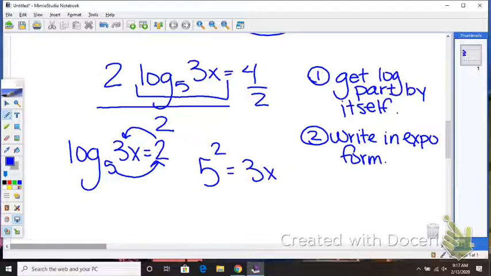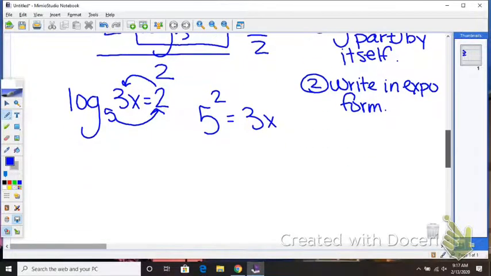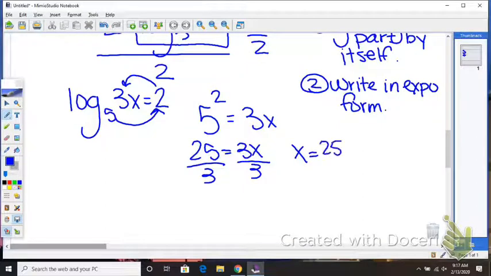And what is 5 to the second power? 25. So now I have 25 equals 3x. Divide by 3, divide by 3. x equals 25 over 3. Easy enough?